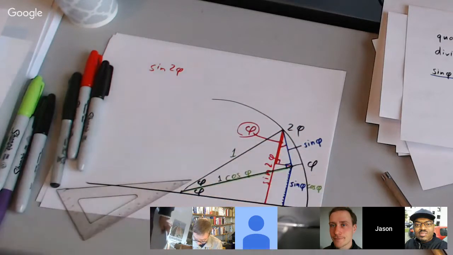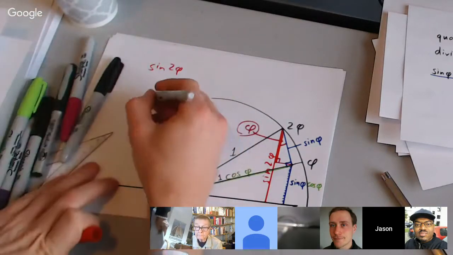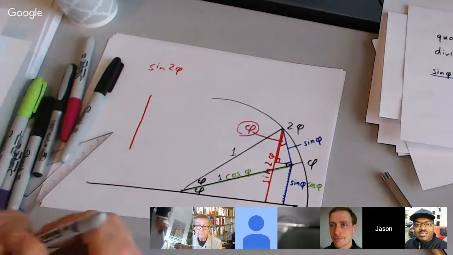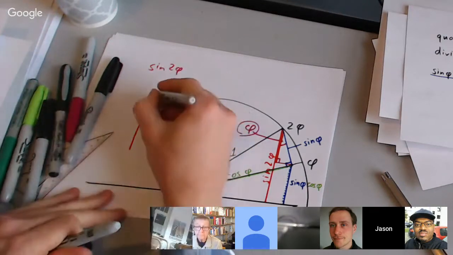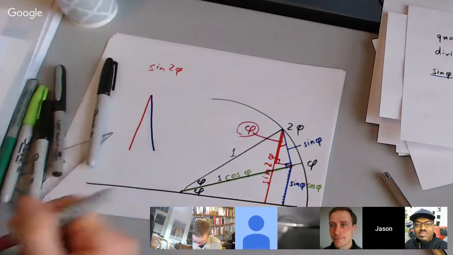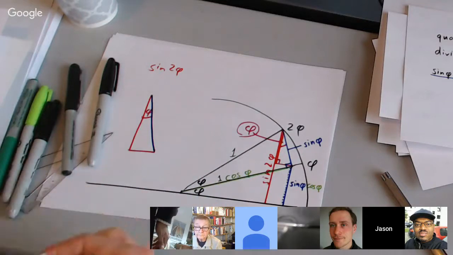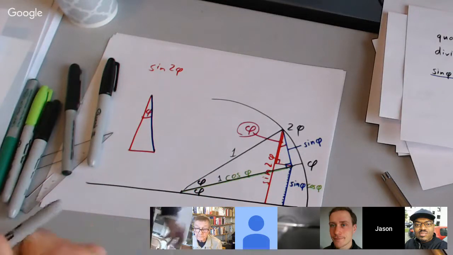And then I drew the triangle anew, and then I said, yeah, we have to calculate the cosine of phi times sine, and that should be the searched length.